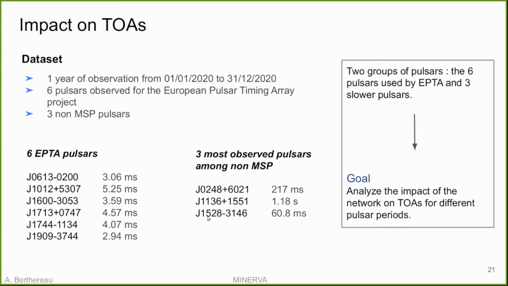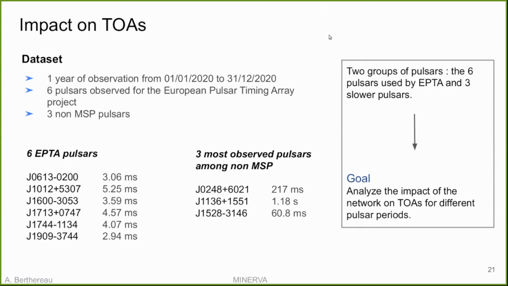So you have 1528 with 60 milliseconds, and then you have 0248 with 200 milliseconds, and the slowest is 1136 with 1 second.